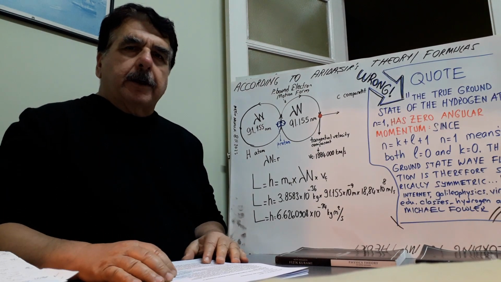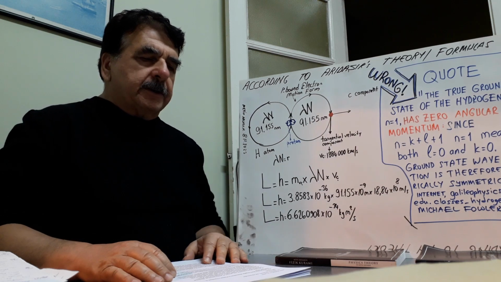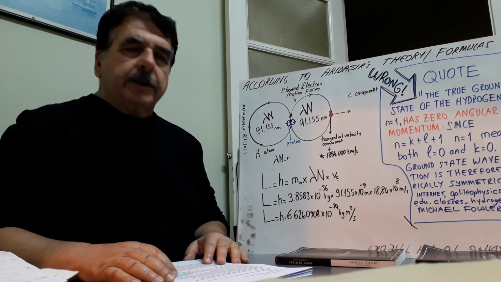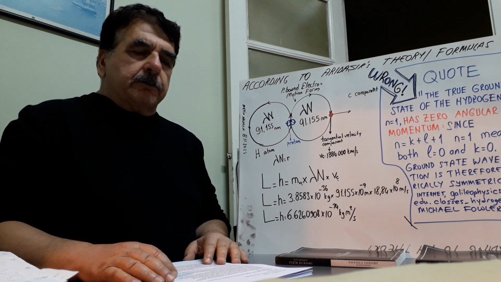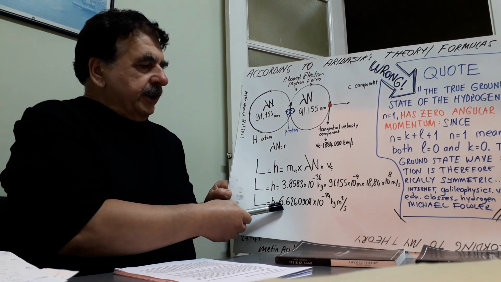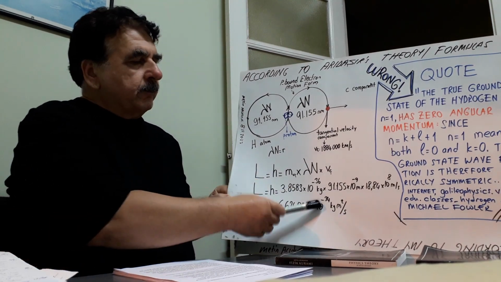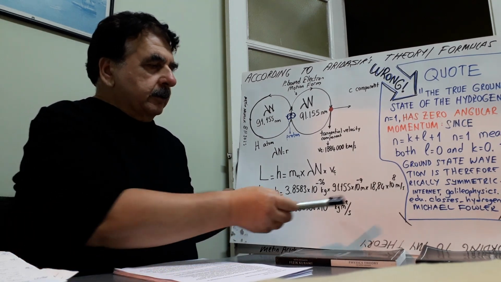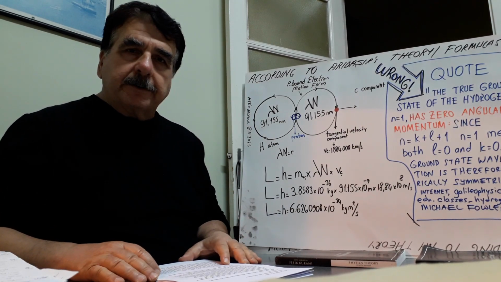According to my theory and my formulas, the ground state angular momentum in the hydrogen atom is not zero. It is Planck's constant, 6.626 times 10 to the minus 34 kilogram meter squared per second.